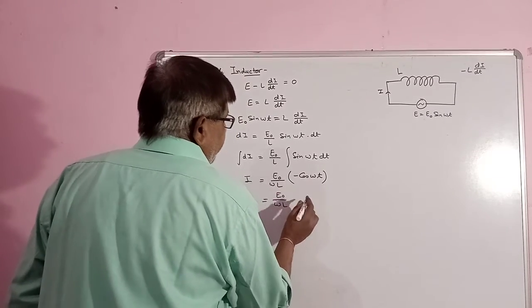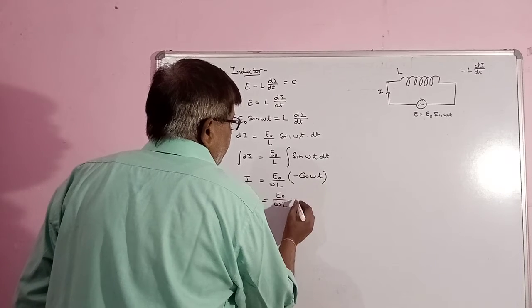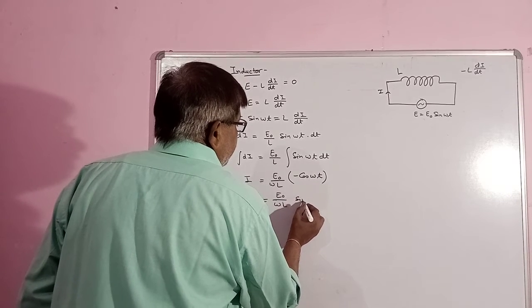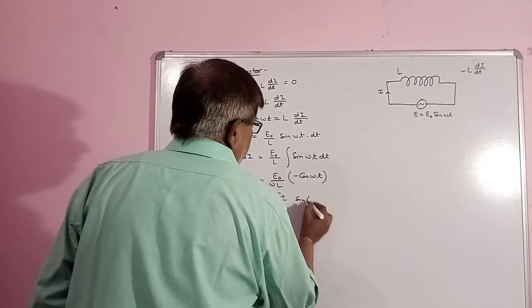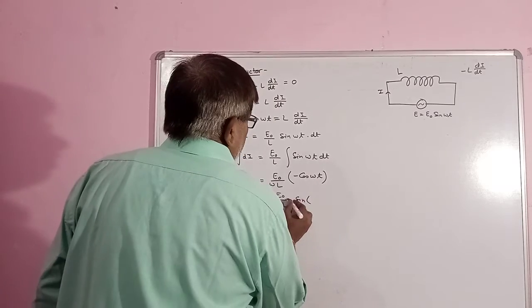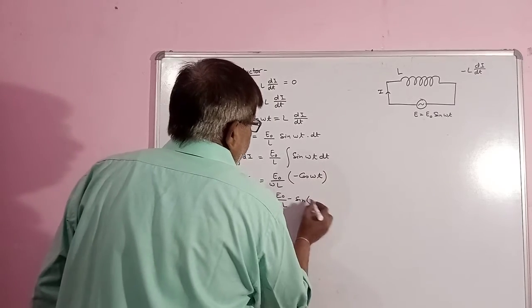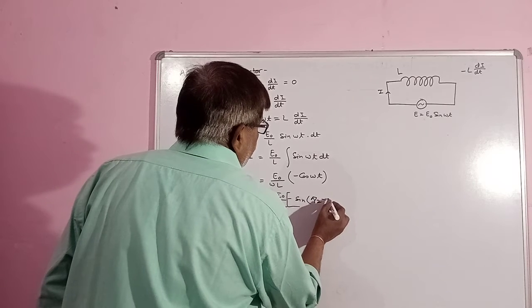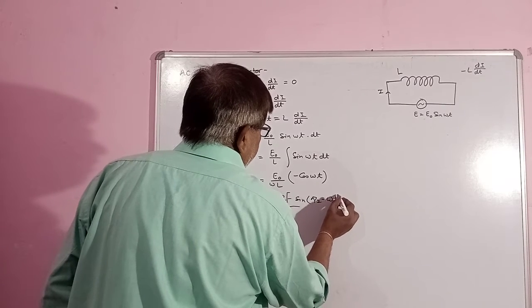We can write cos omega t as sin of pi by 2 minus omega t.